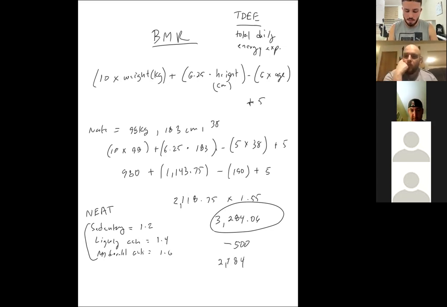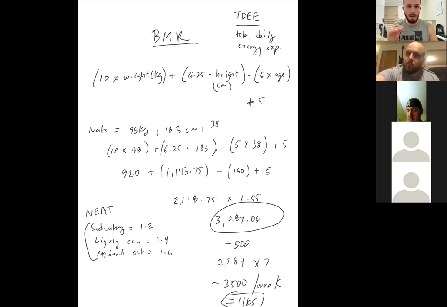Times 7, that's minus 3,500 per week. Every single week you're losing 1 pound of fat, predictably. If you do this right and it doesn't work, I'll give you all my money.